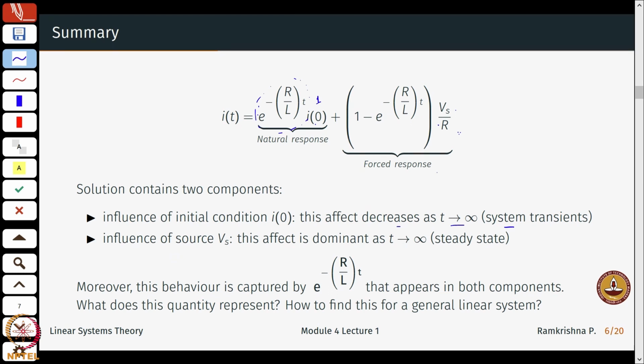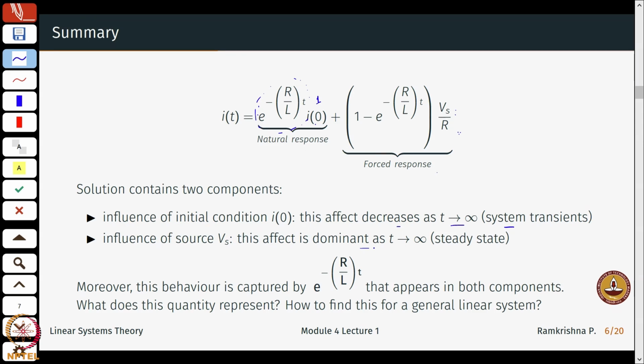Then you have the influence of the voltage, and this gets dominant as time increases. So, the effect of the natural response decreases and the forced response increases, and what will remain at the steady state is only the terms corresponding to the forced response.